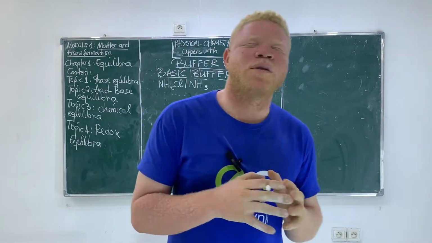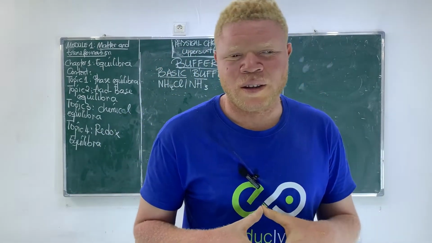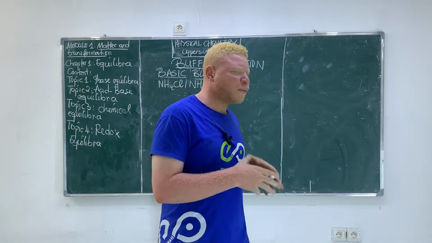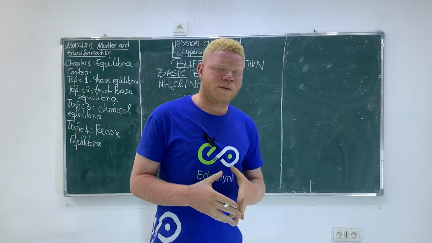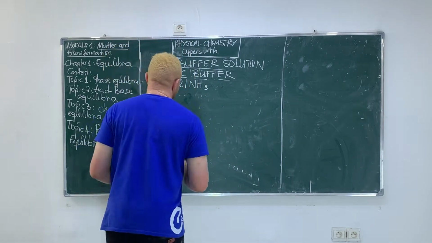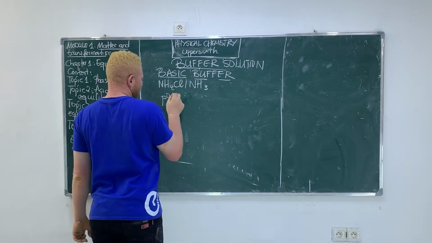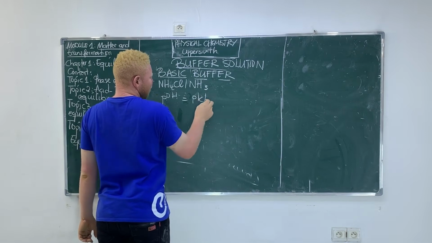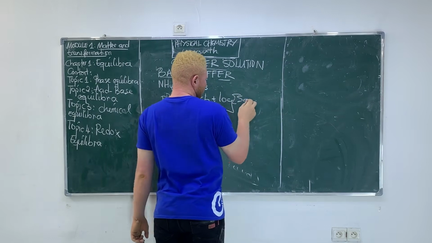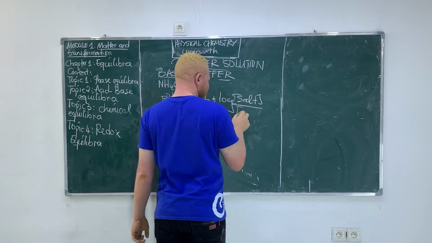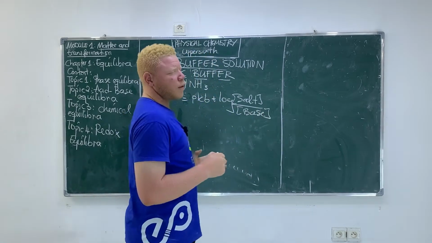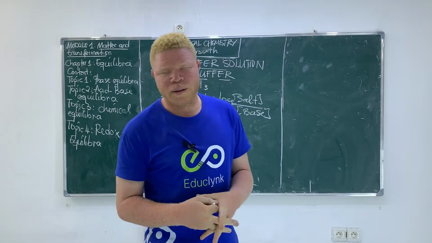Given a base, we have to calculate the pOH first. After having the pOH, we calculate the pH, knowing that pH plus pOH is equal to 14. So the first step here is actually the formula: pOH is equal to pKb plus log of the concentration of the salt divided by the concentration of the base.